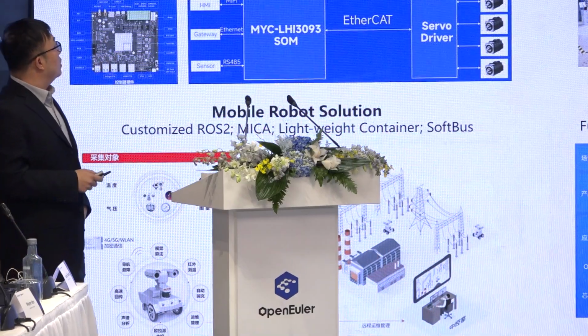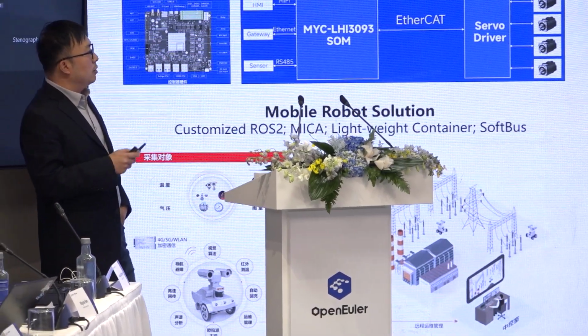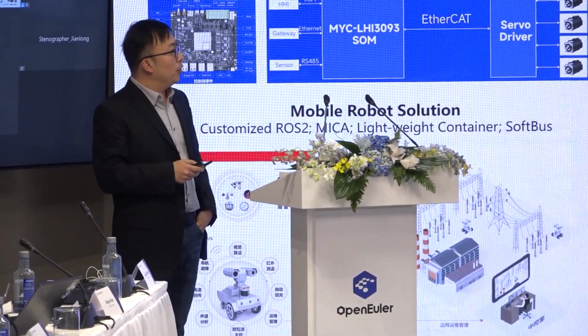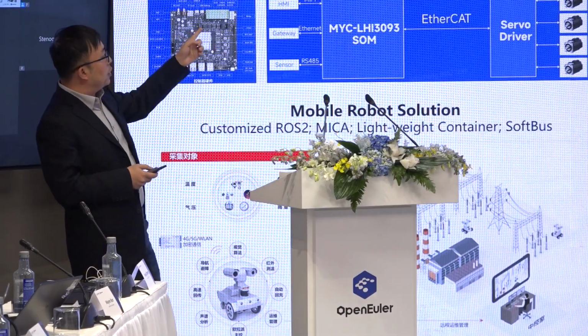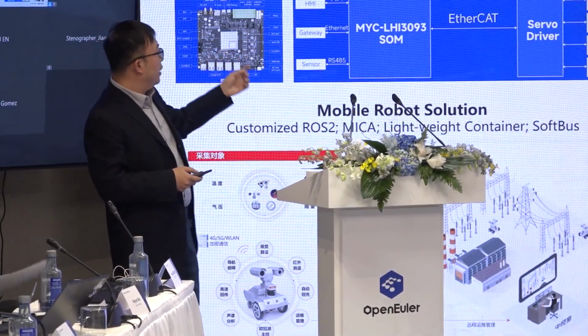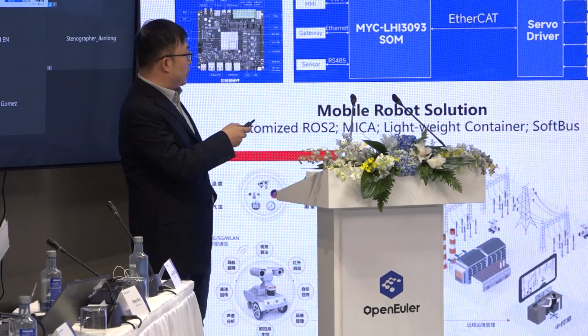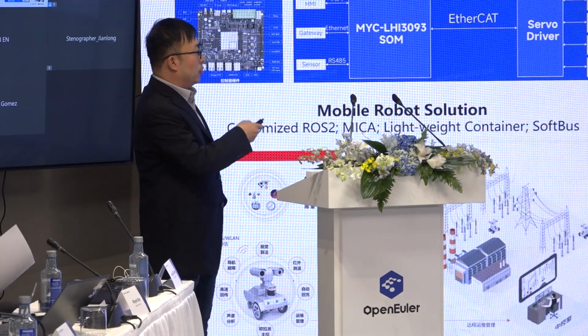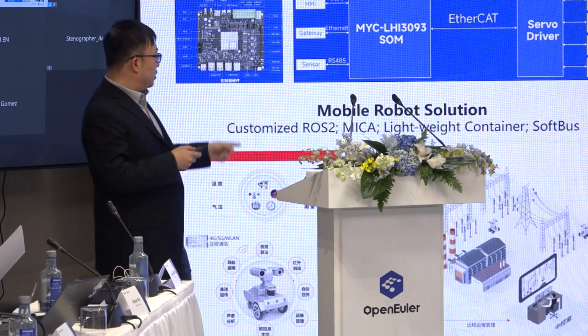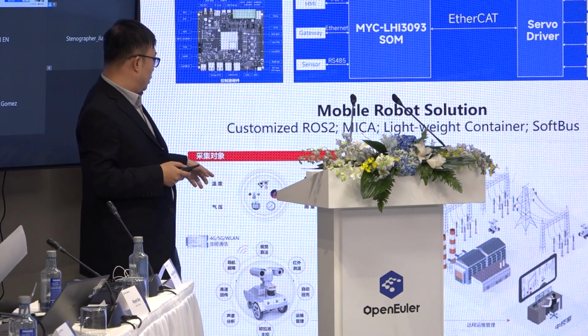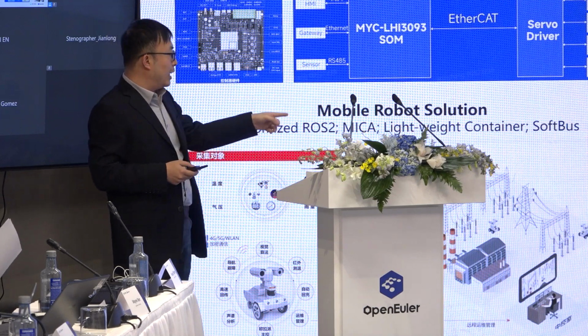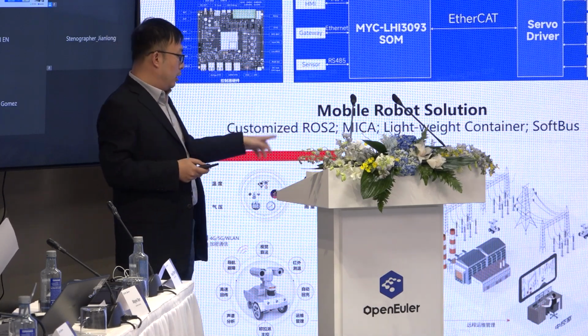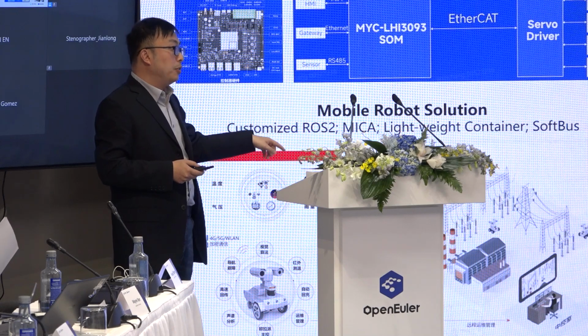These are some interesting application demos from our last openEuler Summit. You can see industrial controller solutions. We have integrated openEuler Embedded with EtherCAT to control servos. And this is the mobile robot solution. It runs Mica and the lightweight component and the soft bus is used in the electricity area.